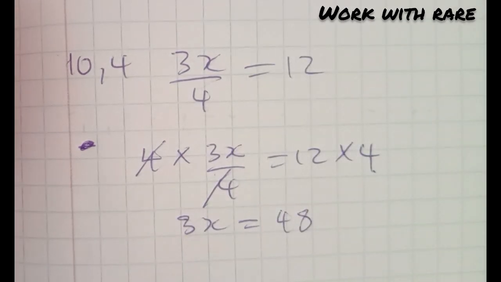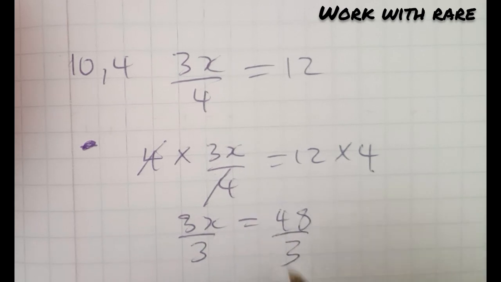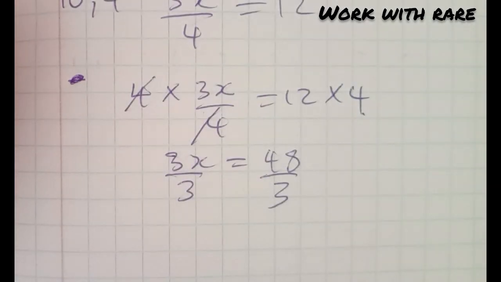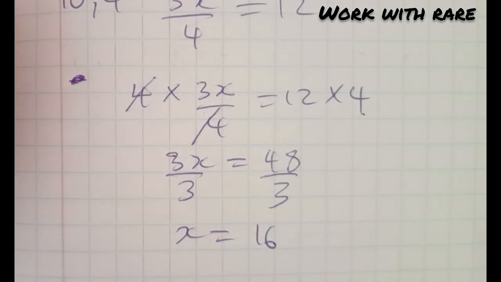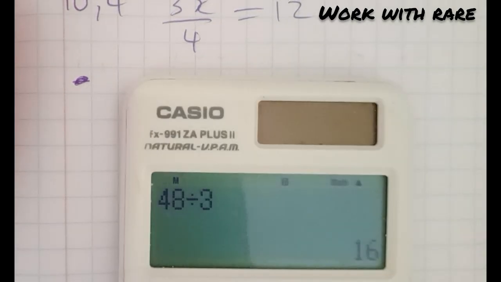Okay, so we have 48. So we'll have to divide both sides by 3 because we want the value of x. Okay, so you'll say 48 divided by 3, which is 16. So our x value is 16. So to test this one, you'll write it like this. Remember, it's a fraction.